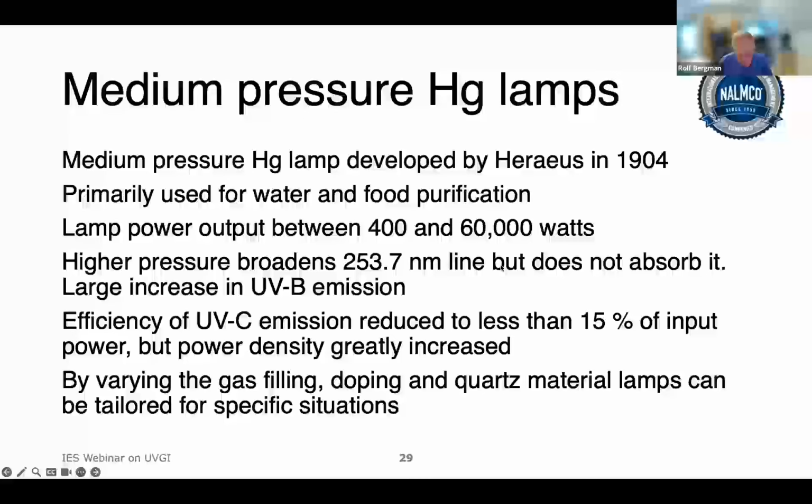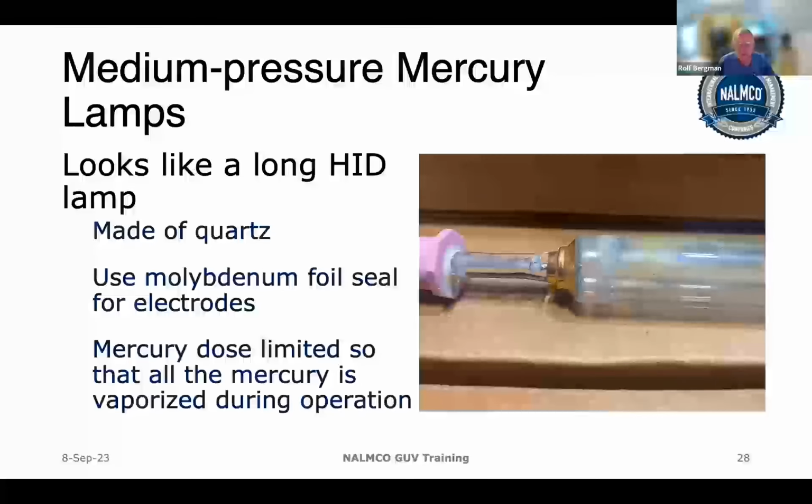And then there's an electrode inside. This time not a coiled electrode, but a pin or button electrode. And the mercury dose is put in a measured quantity so that you have so much mercury per unit volume of the lamp.